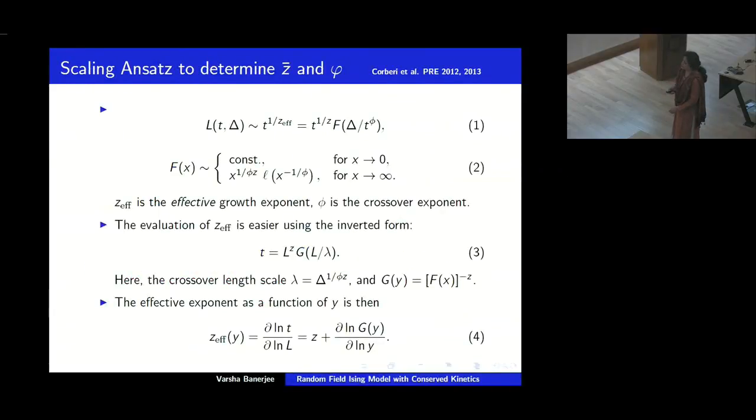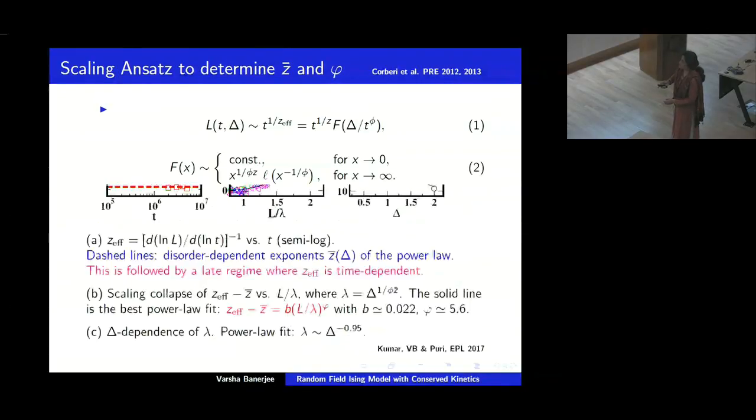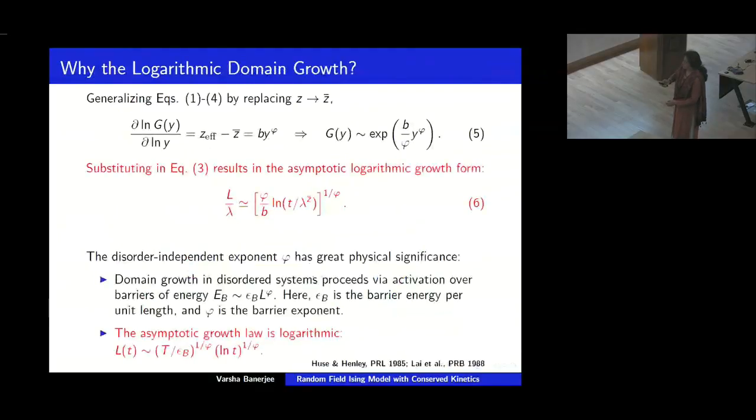I know the form of Z effective minus Z, and that helps me to evaluate what is G of Y. If I invert it, I get the expression for the length scale, and the length scale has a dependence on log of t. So that's the asymptotic growth law form which emerges from the scaling theory.